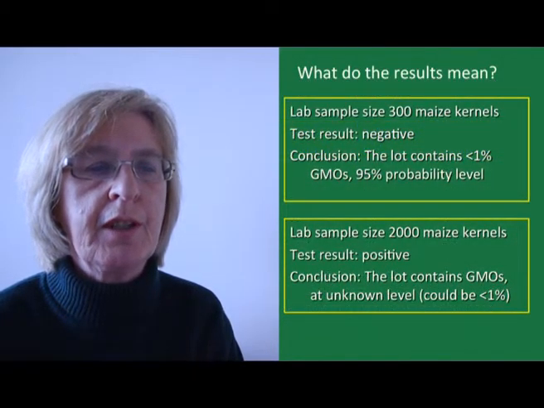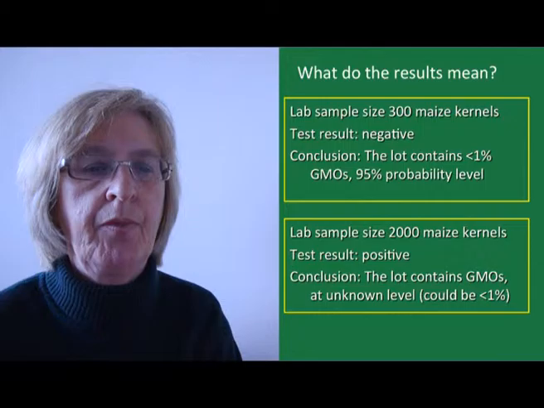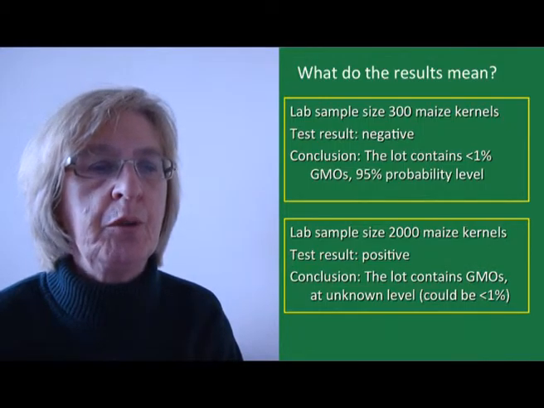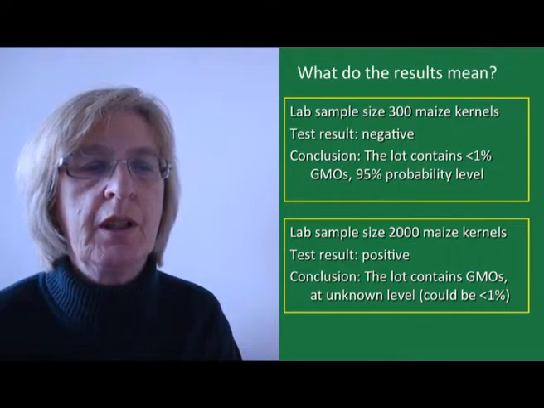So, just to illustrate the type of answer you might get from the lab testing, you might, for example, test 300 maize kernels and get a negative answer. This could possibly lead you to the result that the lot contains less than 1% GMOs at a 95% probability.